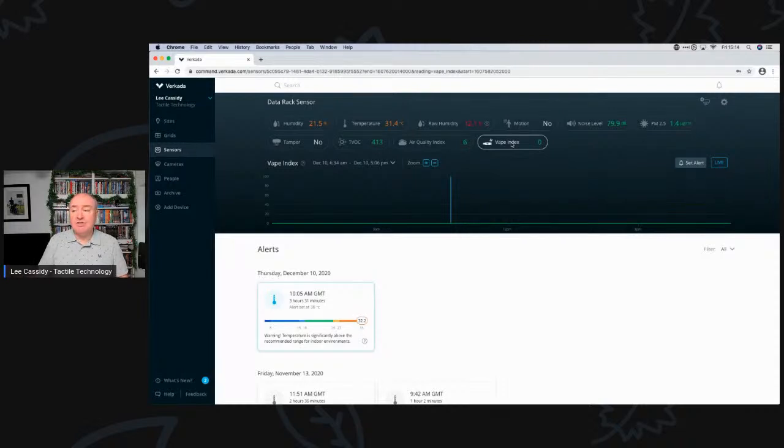Hopefully that was of interest to you. I think it's an area that a lot of people are going to be more interested in nowadays, understanding what's happening in the environment. At the basics, understanding the temperature and the humidity is quite an important thing. But also that air quality comes into other areas.